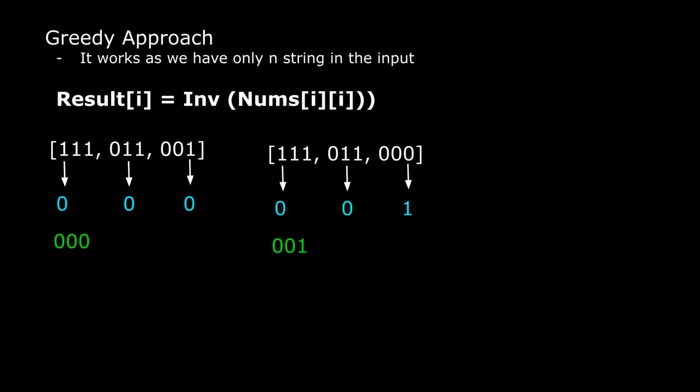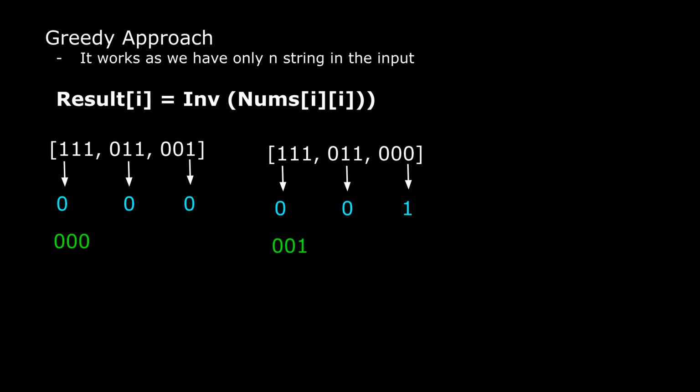Right now we have 101, 100, 000. Again we follow the same process: first bit from the first string, second bit from the second string, third bit from the third string. We invert those bits and get the output. Here the output is 001, and that is also not present in the given array, so that's a result.